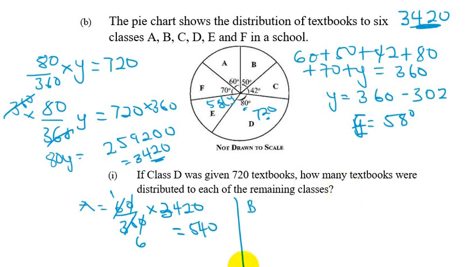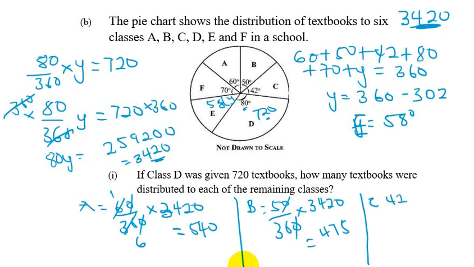Then we do the same thing for B. So B is 50 over 360 times 3420. So 0 and 0 will cancel. Now we are having 5 times 3420, then divided by 36, and that one is also giving 475 for B. Now we do the same thing for C. C has 42 degrees over 360 times 3420.